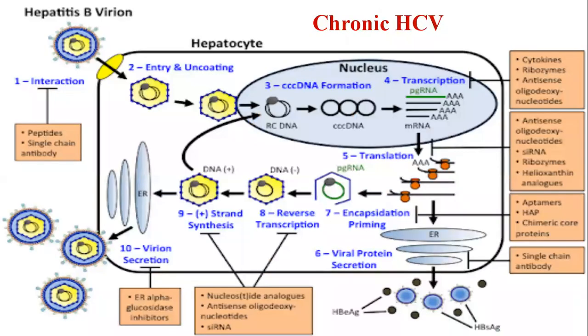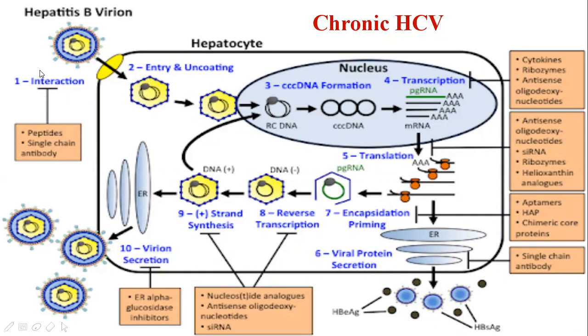Now, these are the target sites for chronic HCV, and here multiple drugs along with interferons are used. Here you can see the blue ones, this is where you can block.